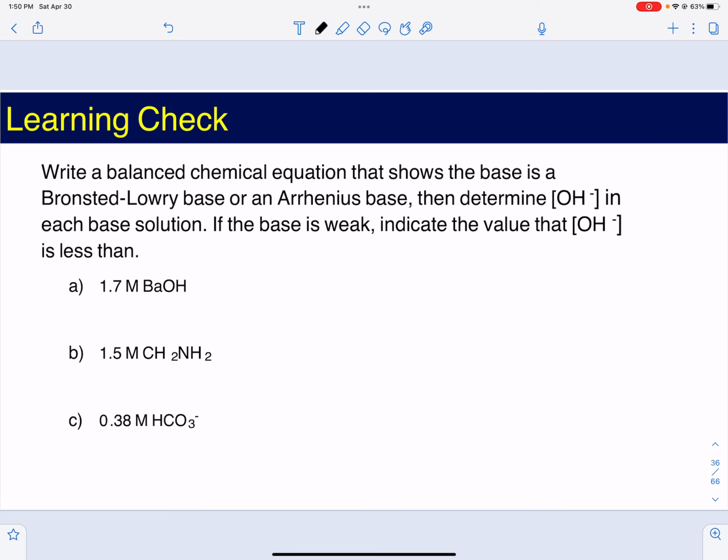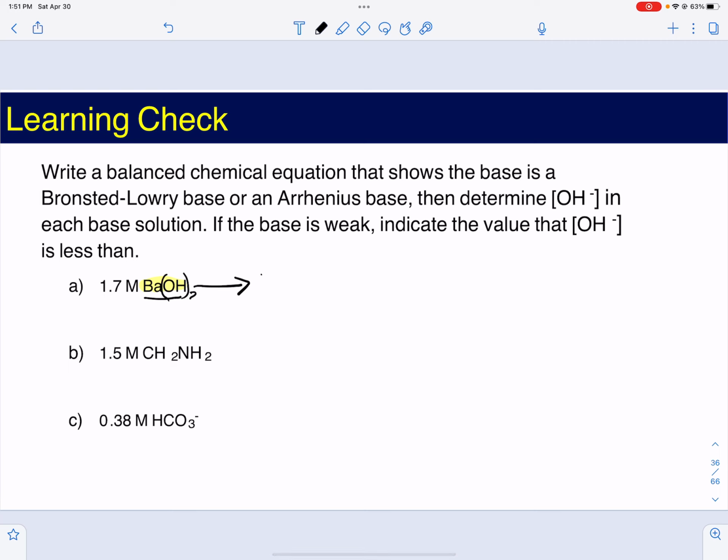So can we write a balanced equation for the strong bases, showing them as Bronsted-Lowry or Arrhenius bases? Arrhenius bases produce hydroxide. So let's find the strong bases first. So that's the only strong base. And it's going to behave like an Arrhenius base, producing hydroxide. This actually should be like that.